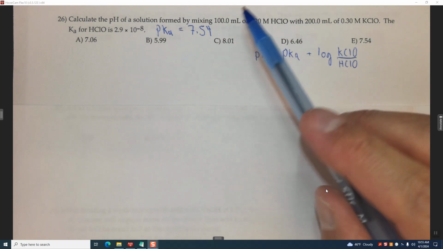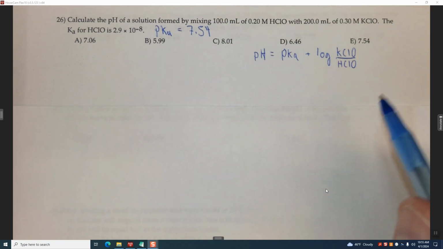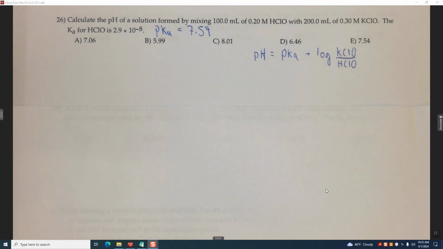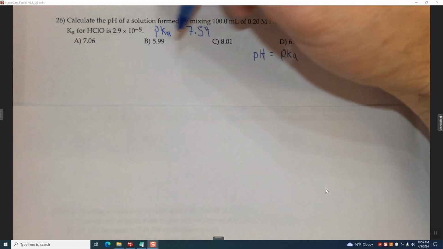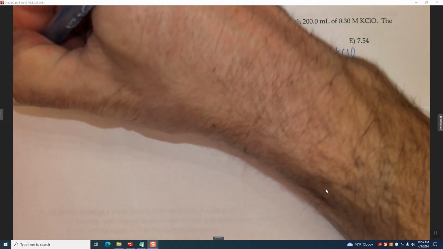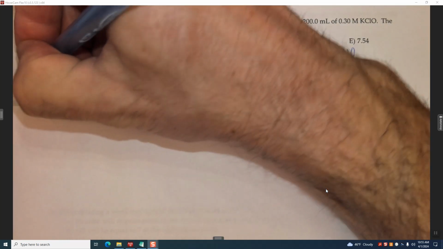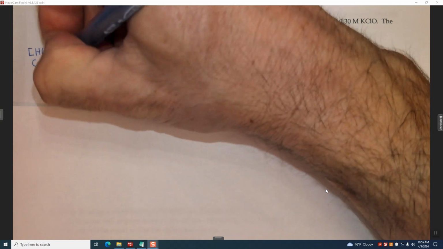The problem is we mix two liquids together. And whenever you mix two liquids together, you're going to have a change in volume. And whenever you have a change in volume, you're going to have a change in molarity. So this is important to be aware of. So what we need to do is account for that. The first thing we want to do is find the concentration of HClO in the final solution. To do that, we're going to use C1V1 equals C2V2.